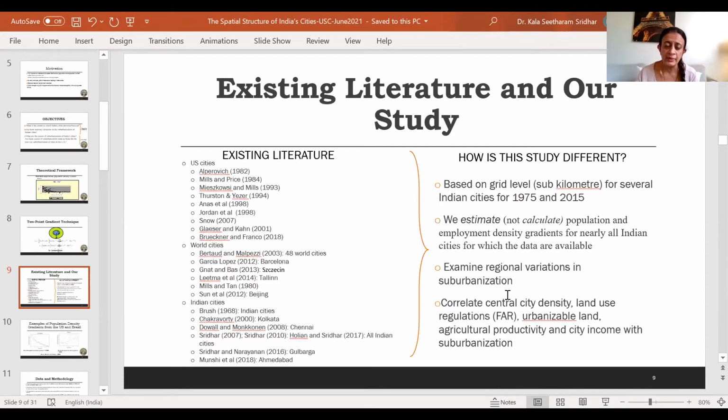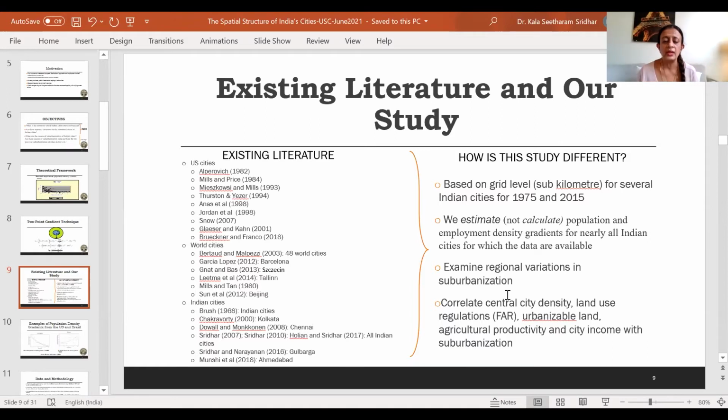In my paper with Matthew Hollian, we also calculated density gradients for all Indian cities. And in my paper with Priya Narayanan, we estimated the population density and employment density gradients for Gulbarga, which is a small town in Karnataka.